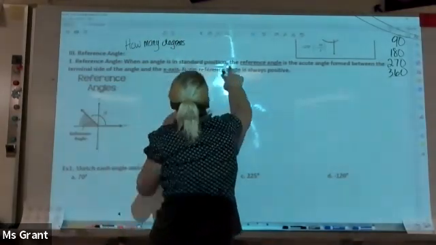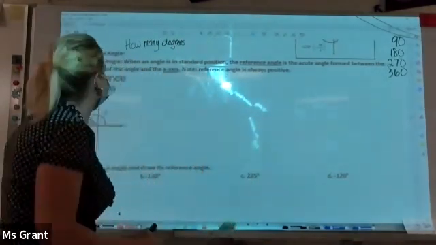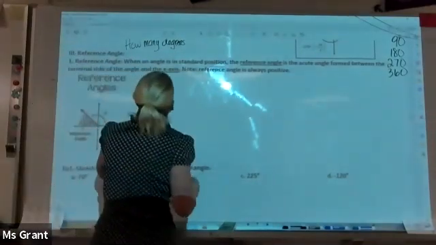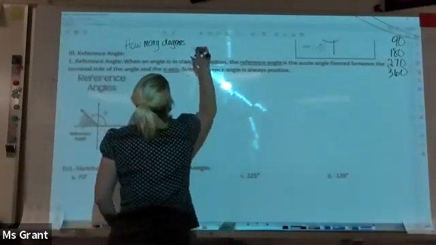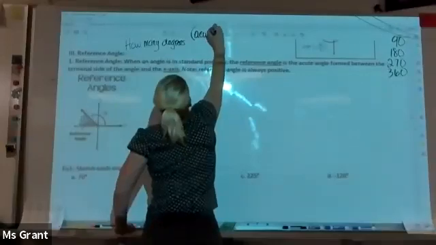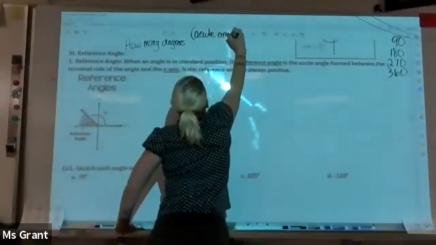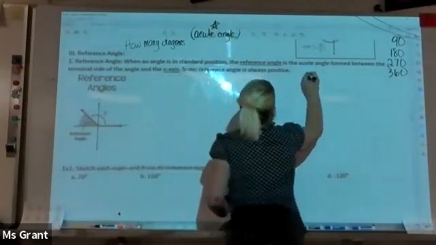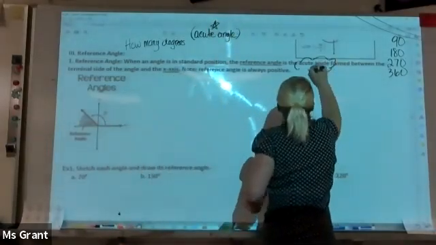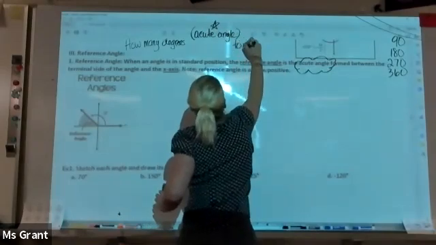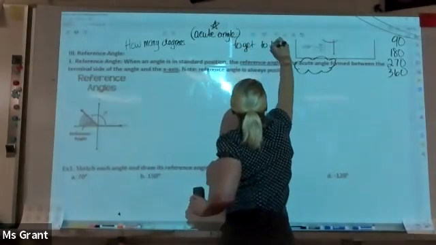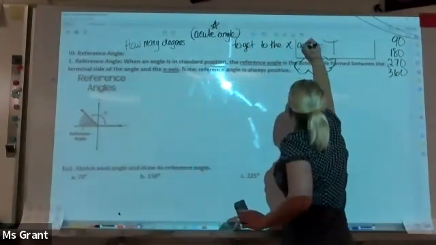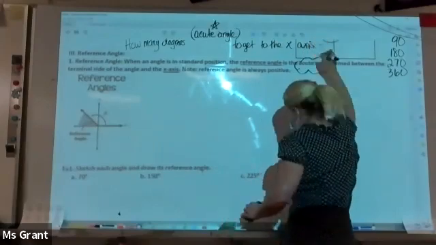So when an angle is in standard position, the reference angle is the acute angle to get to the x-axis. How many degrees do I need to go?